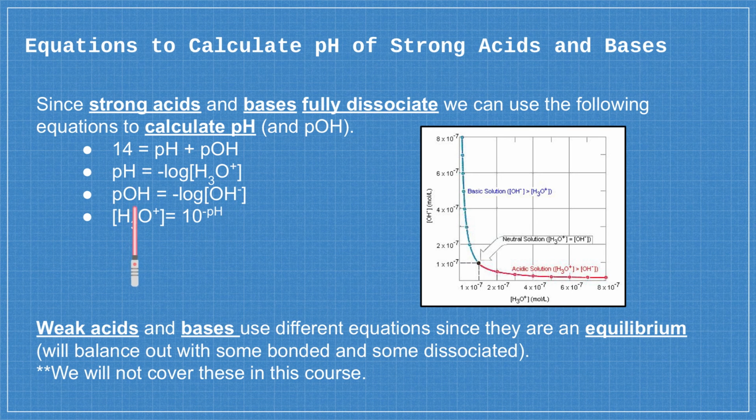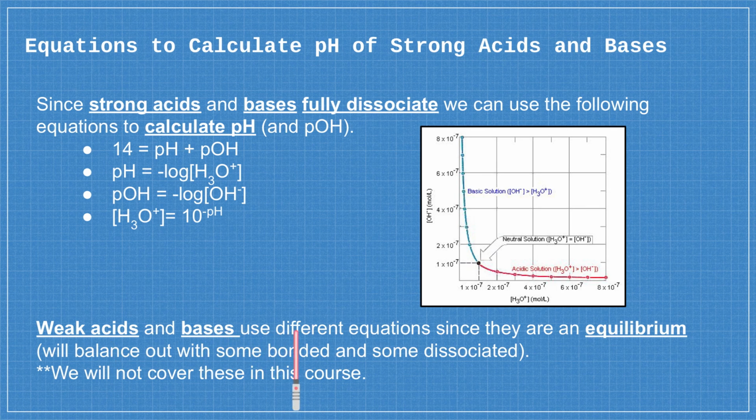Your pOH is equal to the negative log of the OH concentration. And if you're given the pH of a substance, you can find the concentration of the hydronium ions by doing 10 to the negative pH and getting that as your answer.